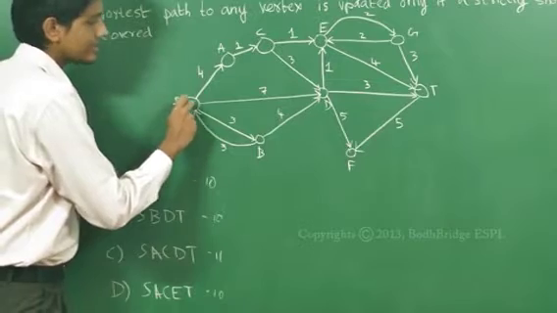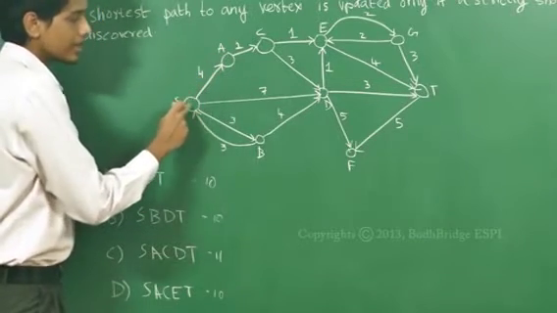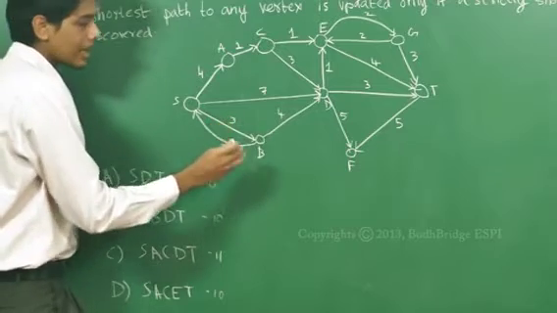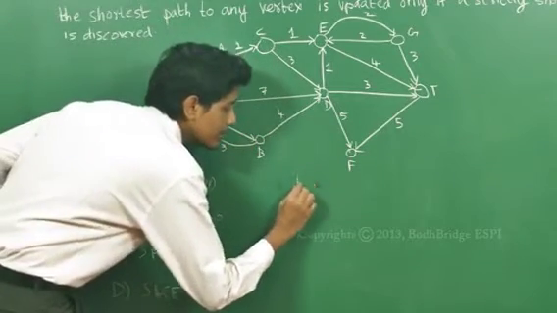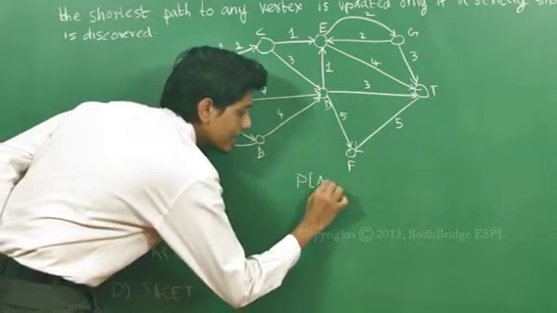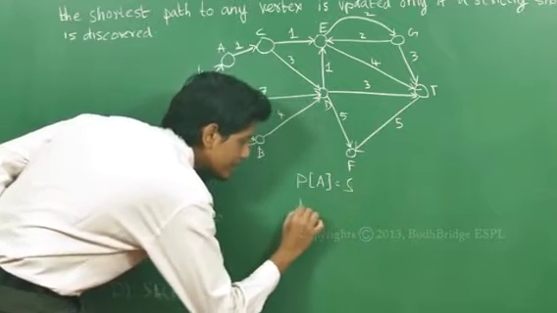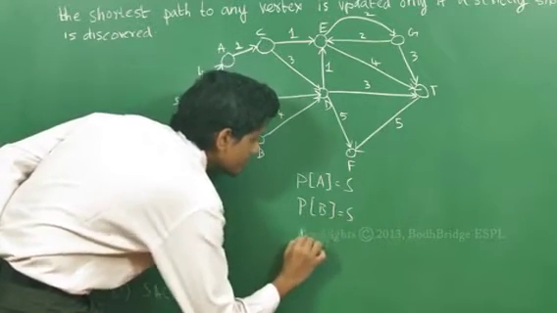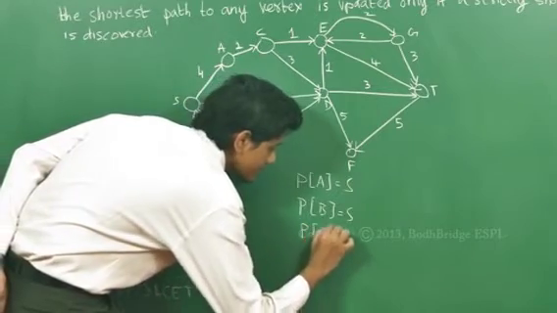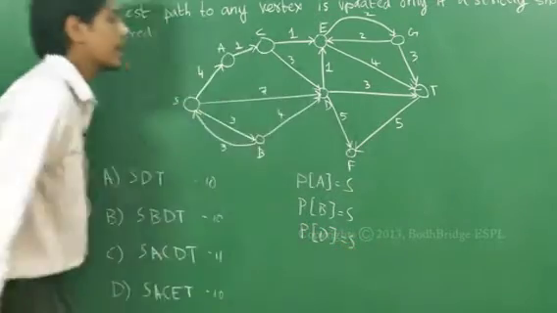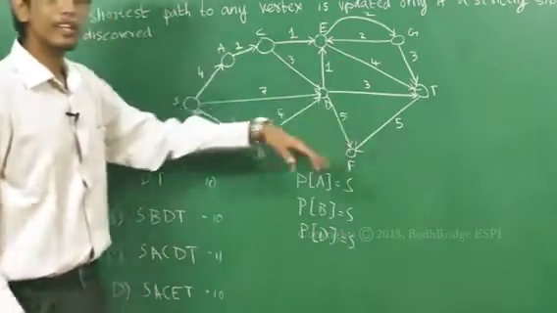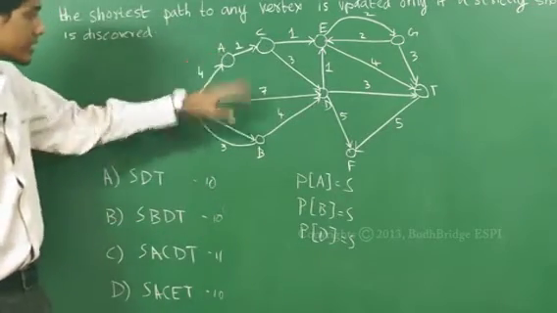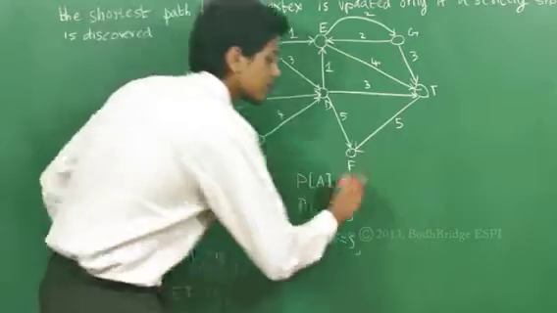So the distance between S and A is now set as 4, S and D is now set as 7, S and B is now set as 3, and the predecessor of A is now S, predecessor of B is now S, and predecessor of D is now S. And the predecessor of everything else is set to -1 as it is not discovered yet. And the distances of these nodes are also updated.